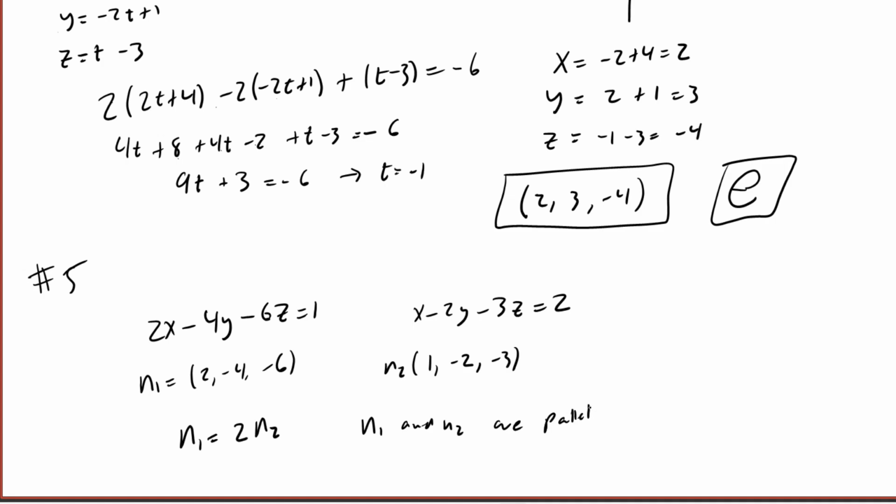Okay, so they're parallel, but now we need to check, are they actually just the same? That would mean that I could divide this by 2 and end up with the same number on the right hand side. So I divide by 2, so I would have x minus 2y minus 3z, right, so that part's the same. But on this side I have 1/2, which is not the same as 2, so they are parallel but not coincident. They're not actually the same plane. So this was answer choice A.